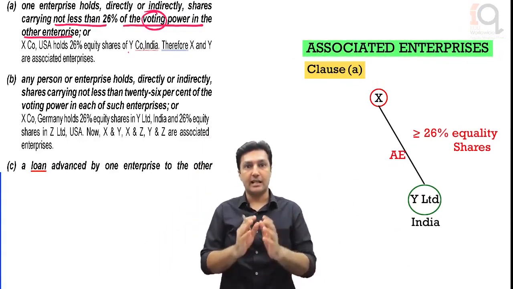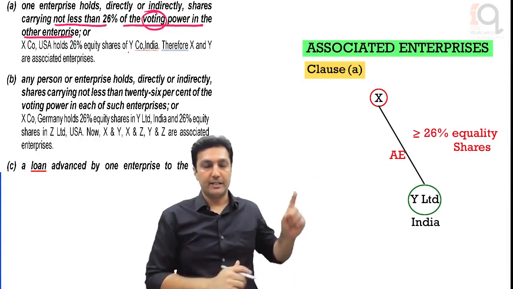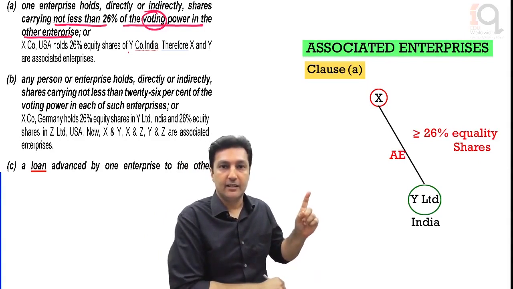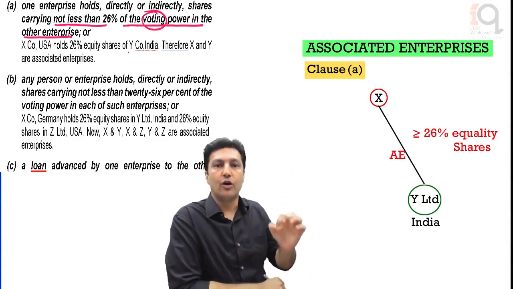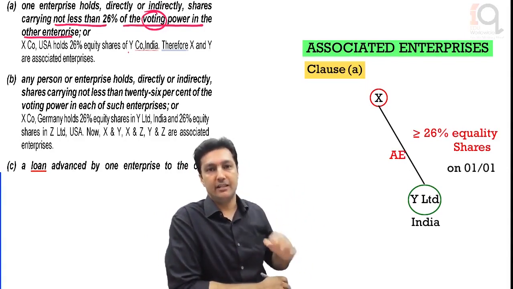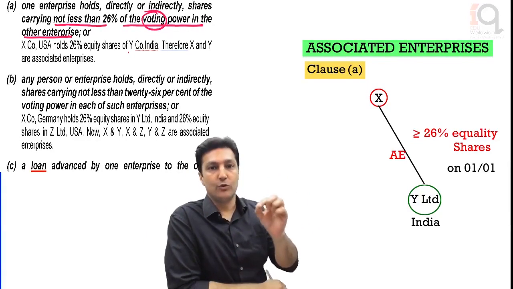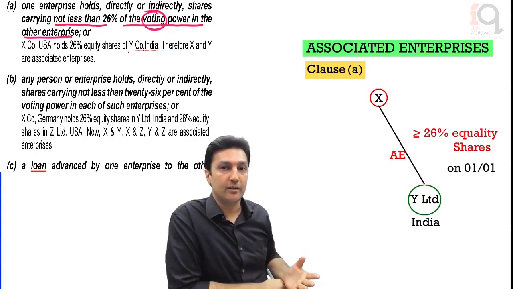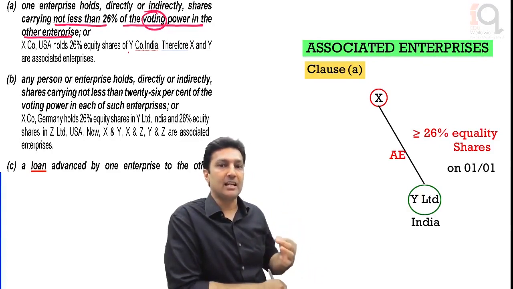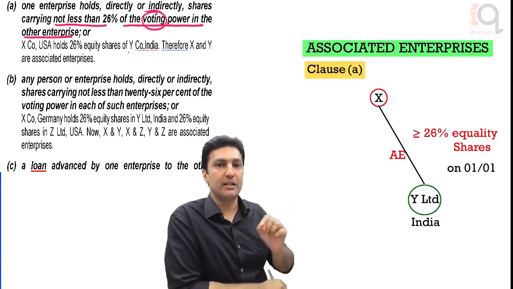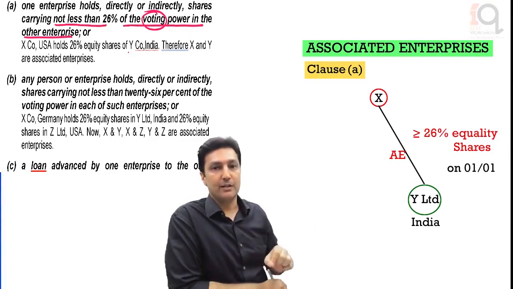The question is, at any time, which means if X and Y are associated only on the 1st of January of the relevant year, which means on that day X owns 26%, before that they did not. So does that mean any transaction before 1st of January will also be covered by this particular chapter?